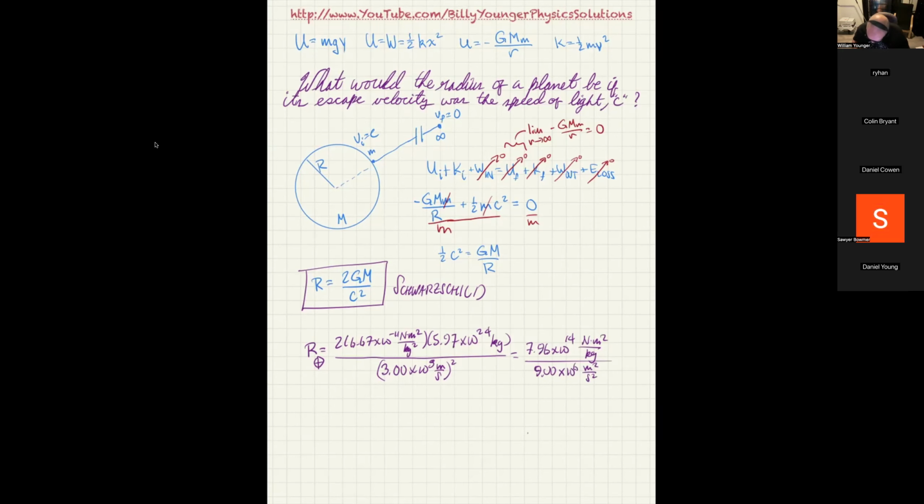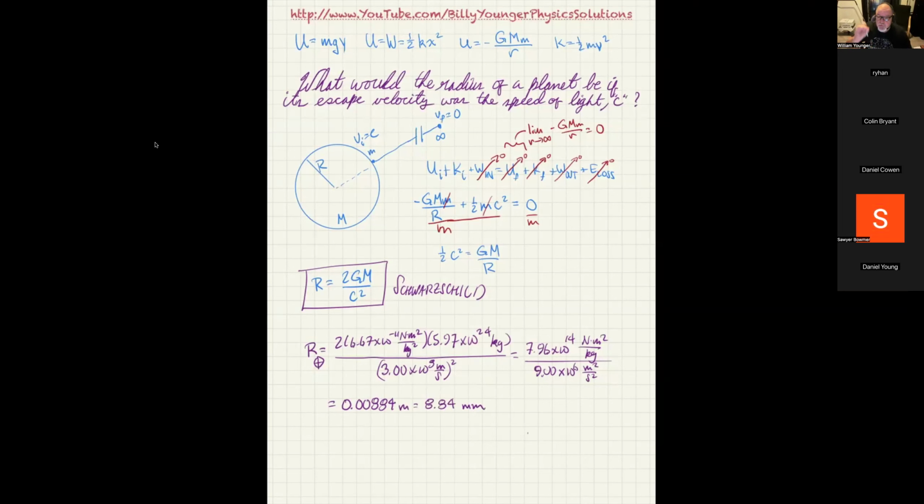And you can see that that ultimately gets rid of everything but one of the meters. So I'm going to say 7.96 times 10 to the 14th divided by 9 times 10 to the 16th gives me 0.00884 meters, which, if you wanted to convert this to millimeters, would be 8.84 millimeters.